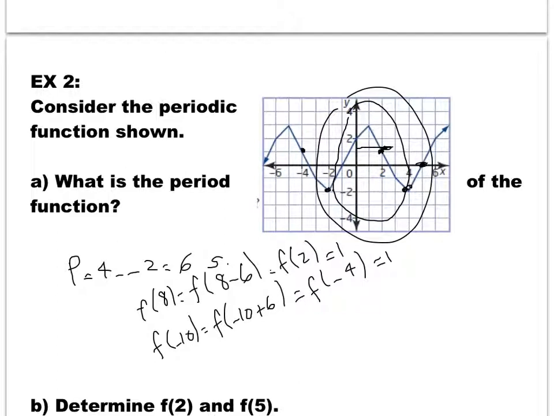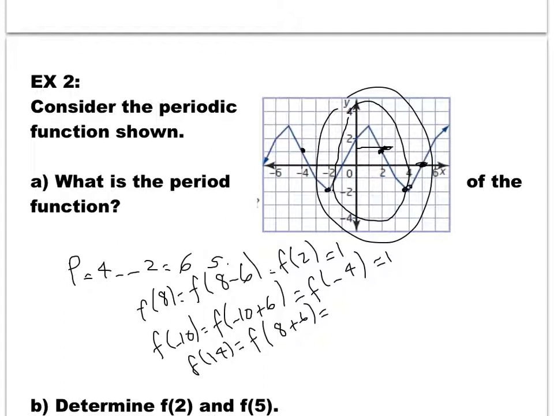And the last one, f of 14. I can write f of 14 as f of 8 plus 6.